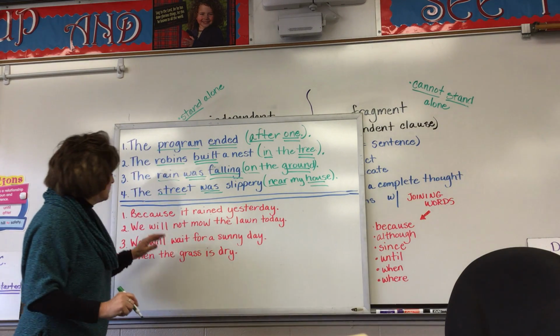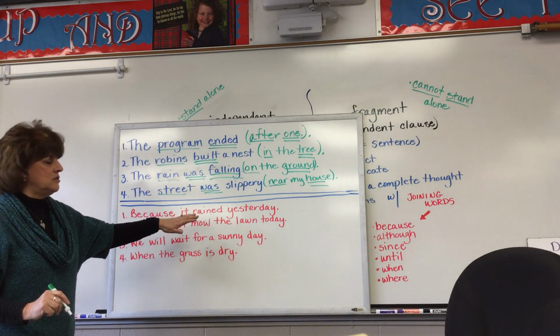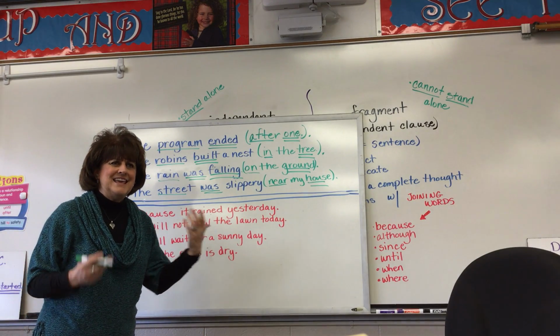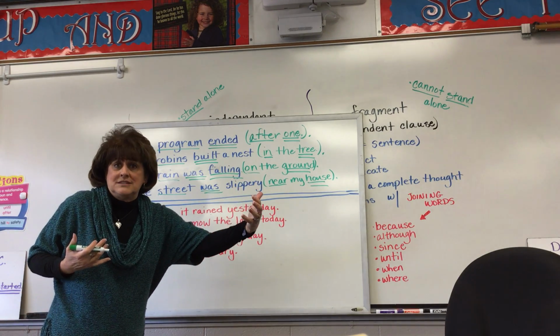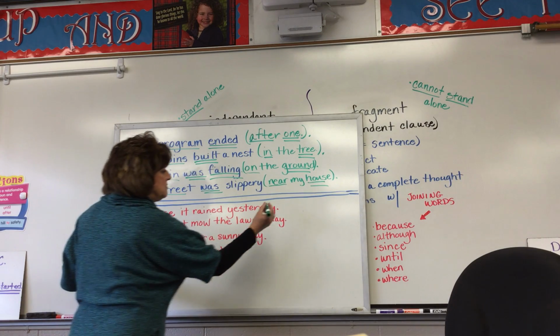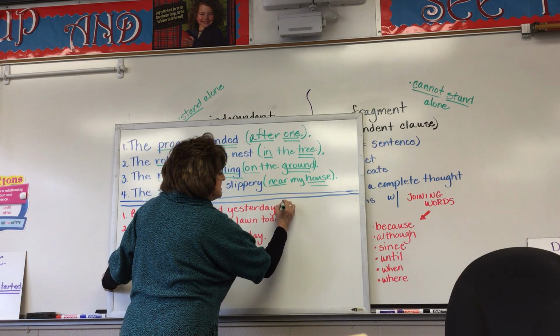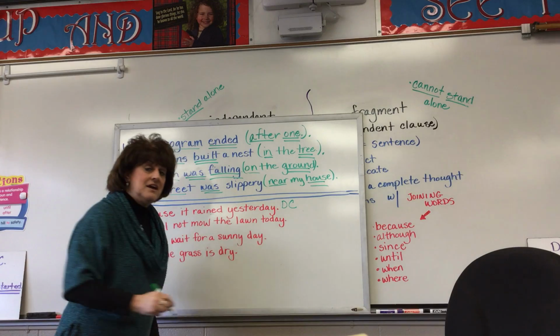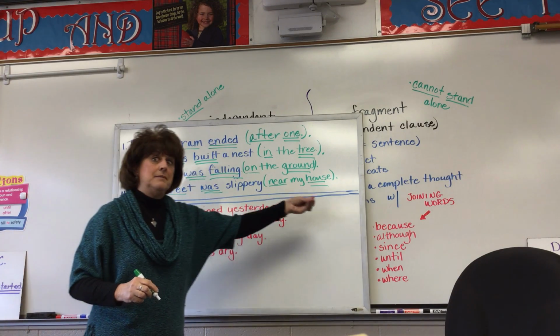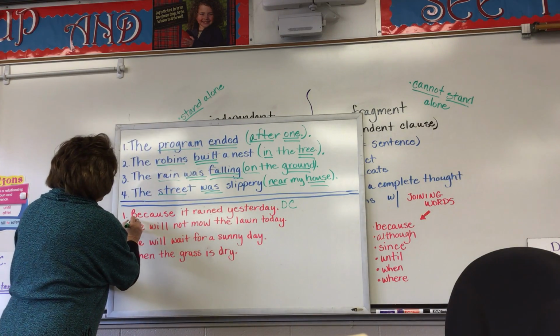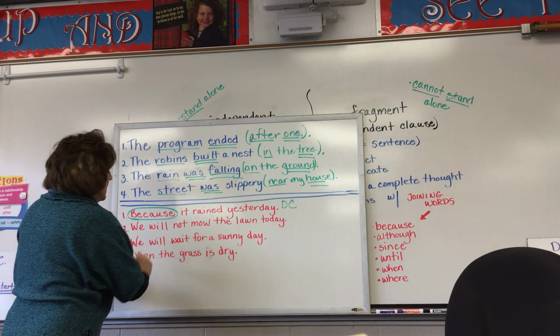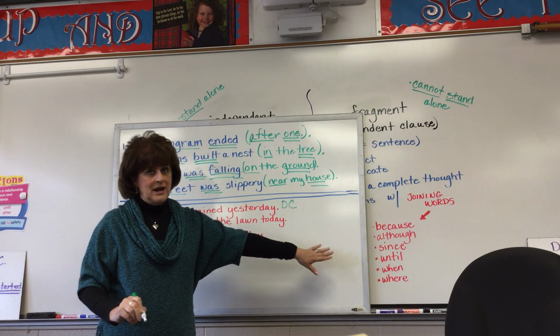So let's read this first one. Because it rained yesterday, does that again give you that feeling that there ought to be more to the sentence? Because there should. So this one is going to be a dependent clause because it's dependent on there being more to it. And it also starts with, we're going to circle those, it starts with one of those joining words.